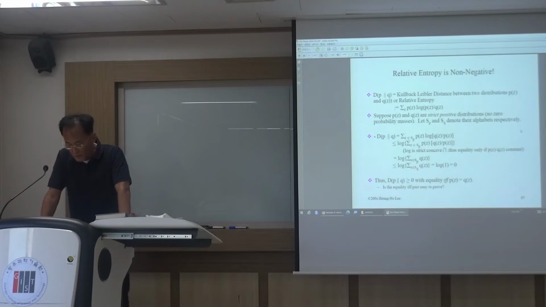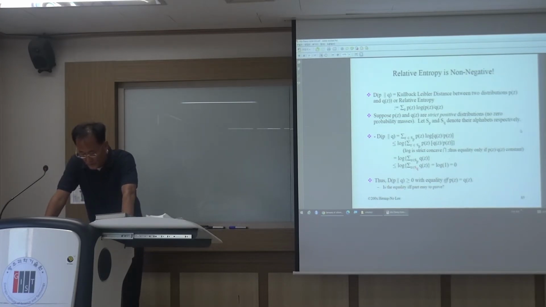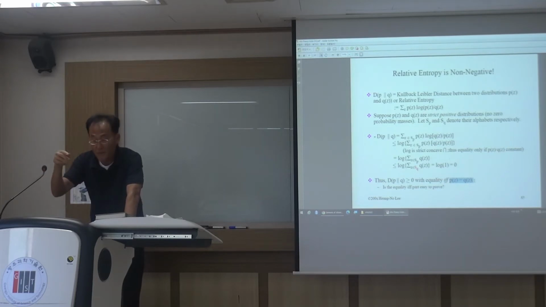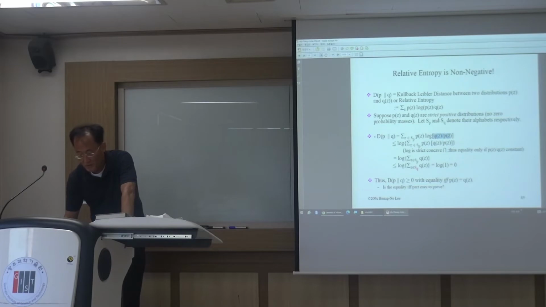Yeah, and the relative entropy is non-negative. We have proved this the other time, and this relative entropy is the distance between two different distributions, right? It is bounded from 0, so it's a non-negative number. Equality holds if and only if P is equal to Q, exactly. Proving this equality, let P equal to Q, and then showing D(P||Q) equal to 0 is easy, because if Q is equal to P for all z, then this ratio is 1, and log of 1 is 0.